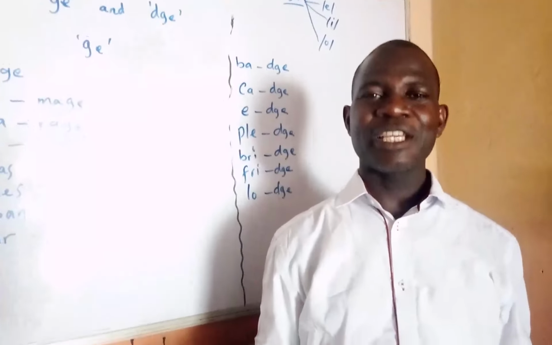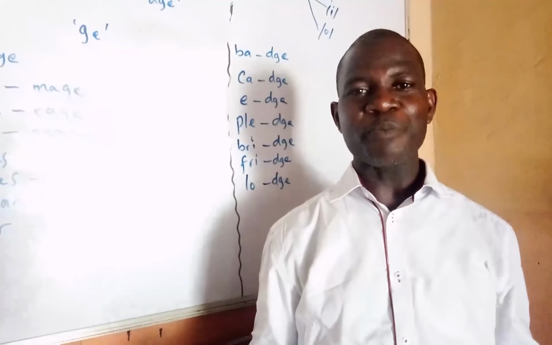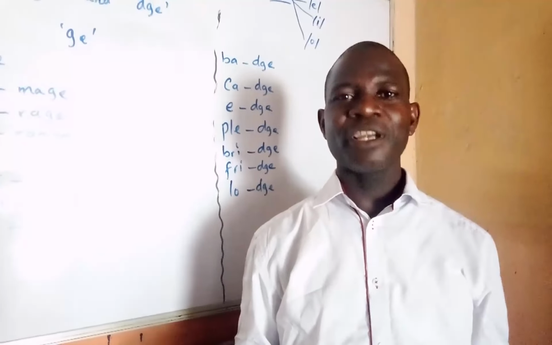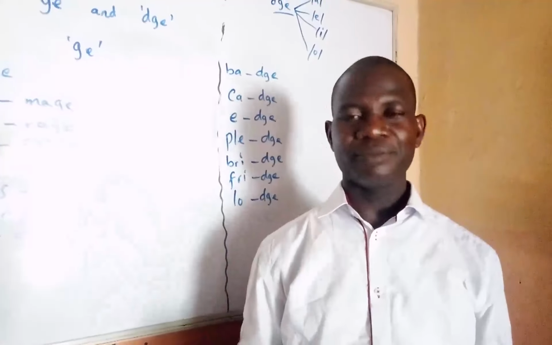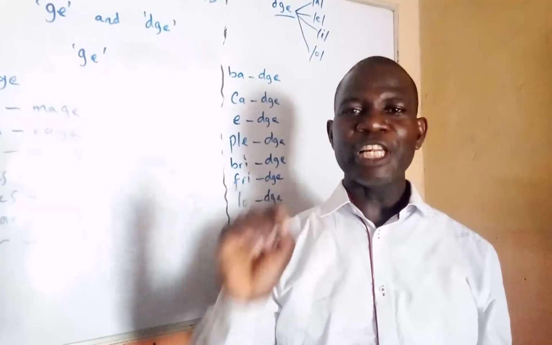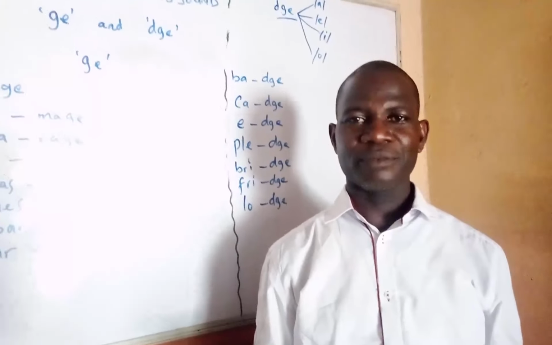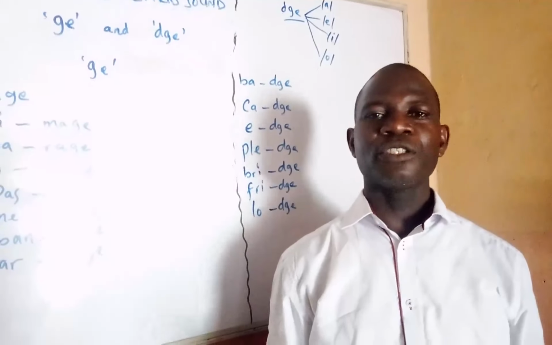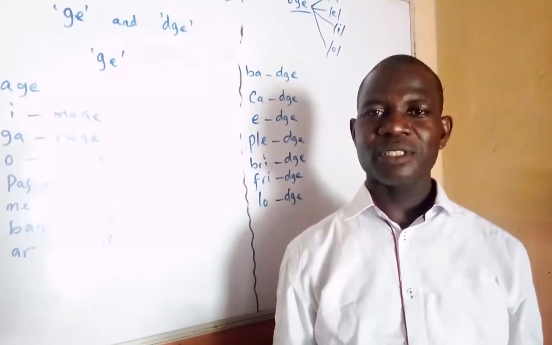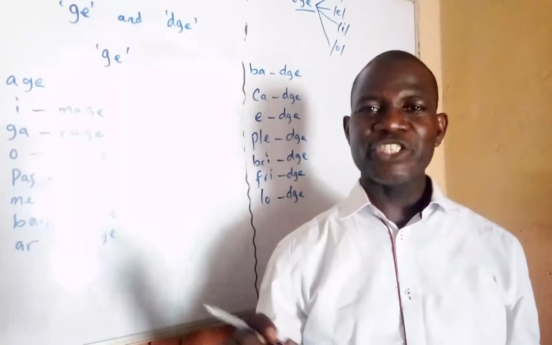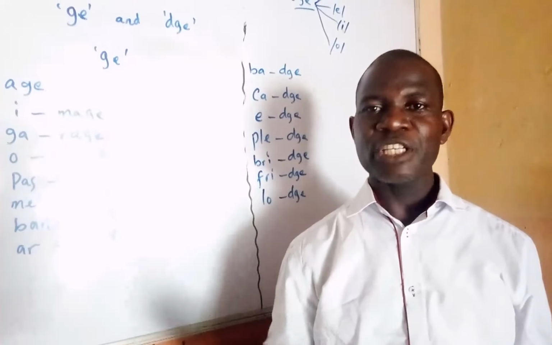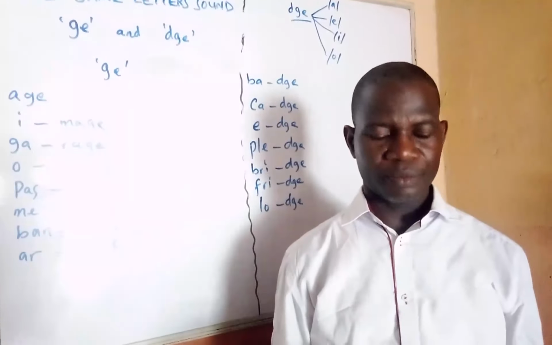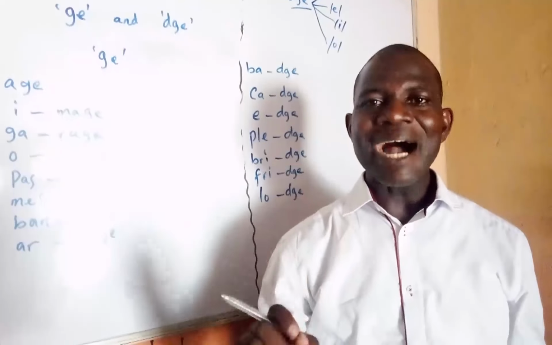Pick your pen and a sheet of paper and write the following dictation. Number 1, village. Number 2, stage. Number 3, manage.